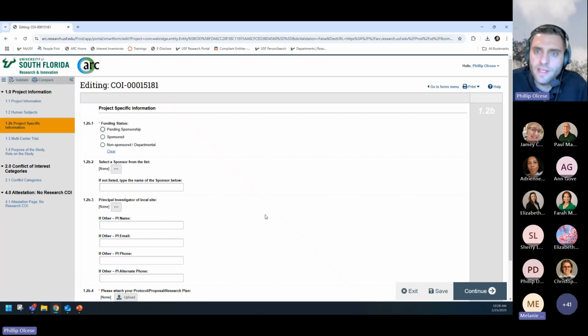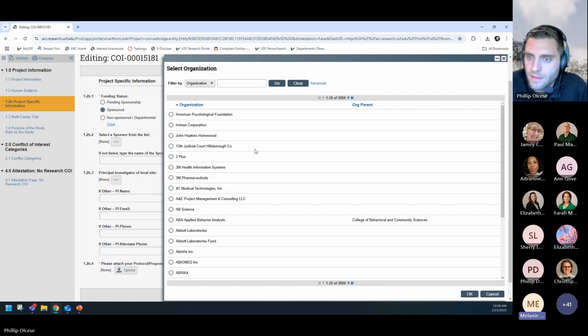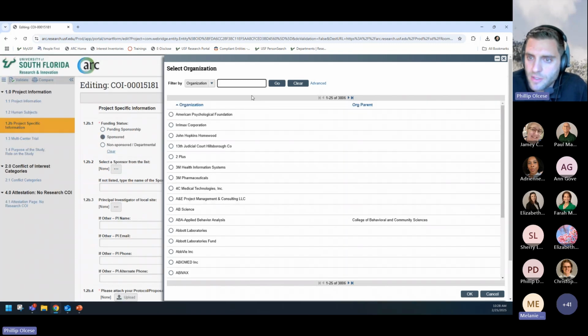So it's asking us for the funding status. It is sponsored, and it's asking us for the sponsor here. Pretty much all of the main sponsors should be in here. Let's go with Bayer Pharmaceutical.